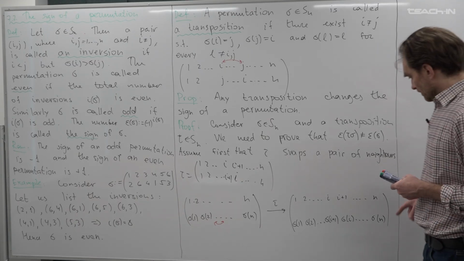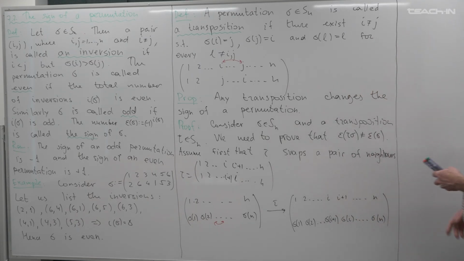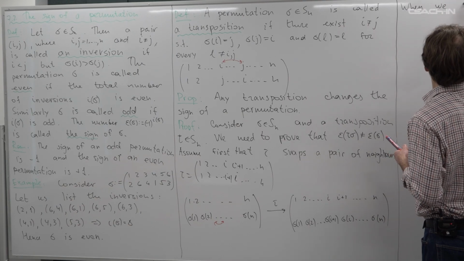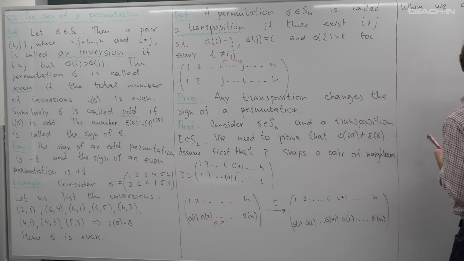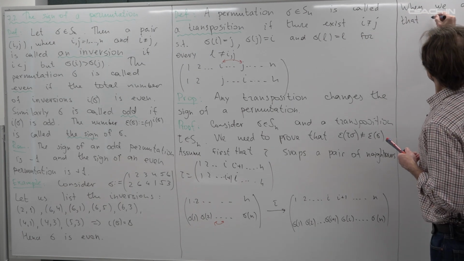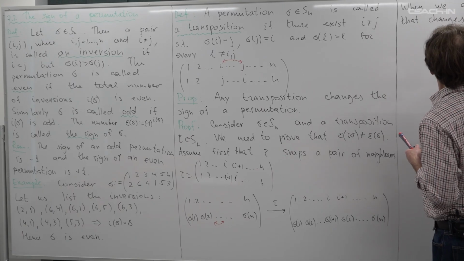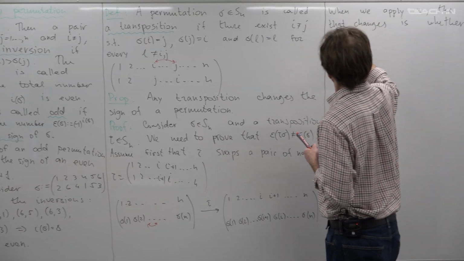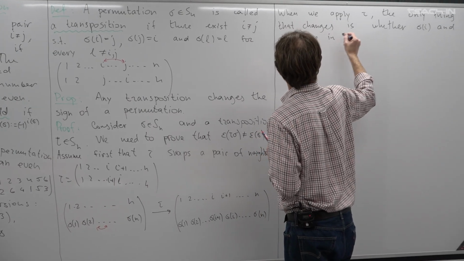When we apply tau, the only thing that changes is whether sigma of i and sigma of i plus 1 are in inversion.